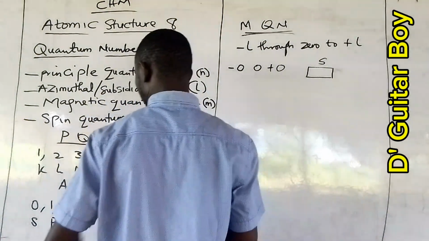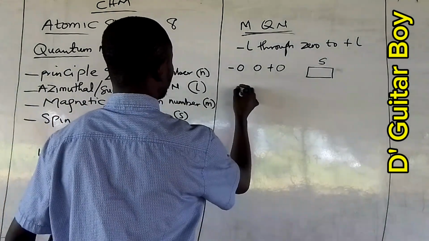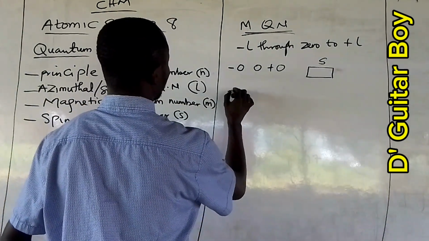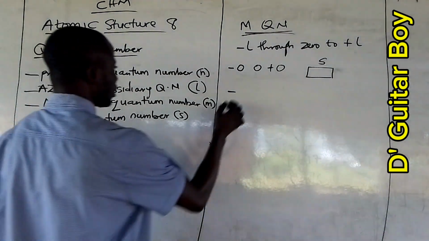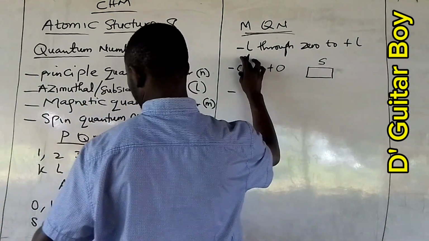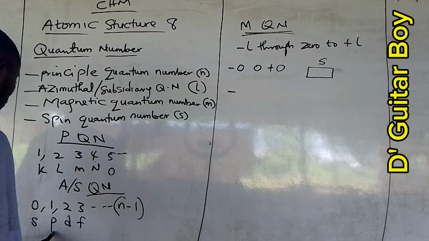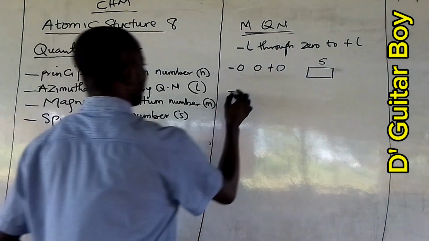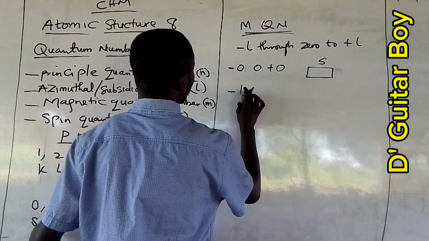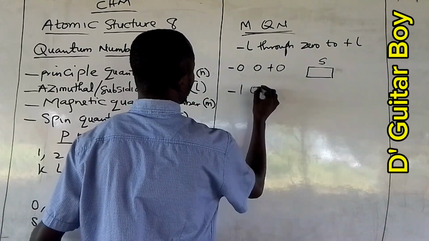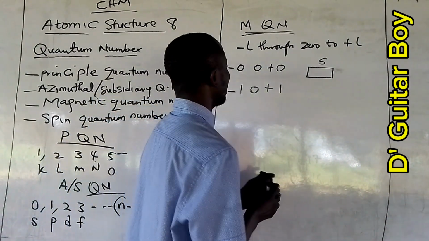You also come here for the next one, which is p. The p orbital has L equal to 1, so it is -1, because -L. We have talked about s of L, and now we want to talk about p of L. When L is 1, it goes -1, then 0, then +1.